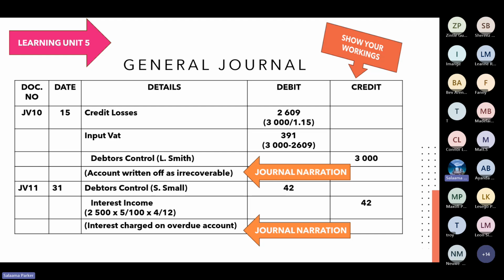So this is how our general journal will look for credit losses. Again, going to the debtors control, what amount is this? Who can tell me? What do we record into the debtors control? Inclusive or exclusive?